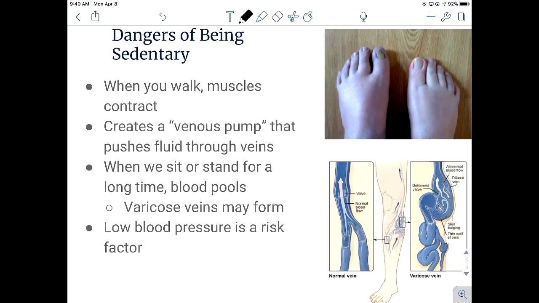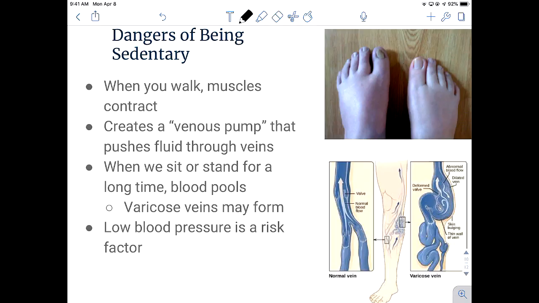I'm just curious what happens when you have varicose veins? So varicose veins end up being these deformed veins. I don't know that much about it, but I definitely will look up a little bit more about it for you tomorrow. People have those crazy veins in their calves, for example. Yeah, it's certainly something that can develop over time.